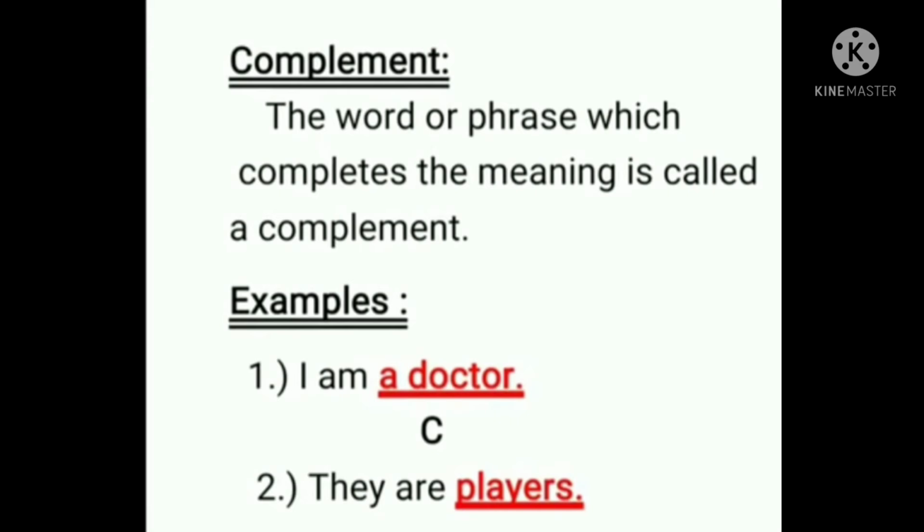So a complement is a word that is required to complete the meaning of a sentence. Look at the next example. They are players. So here players represents the complement. Without the word players, the sentence is incomplete. So here players is the complement.